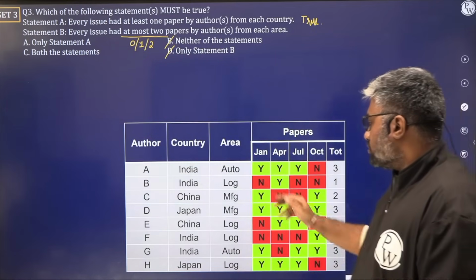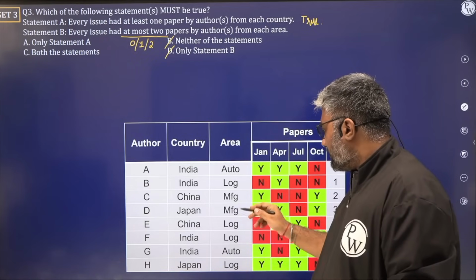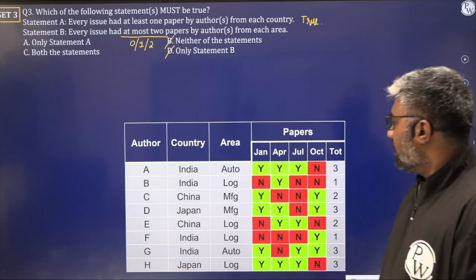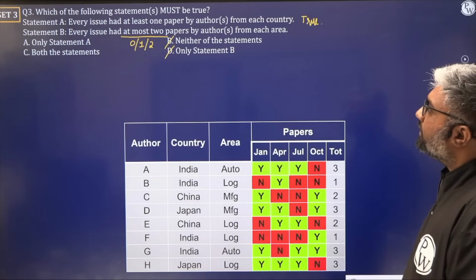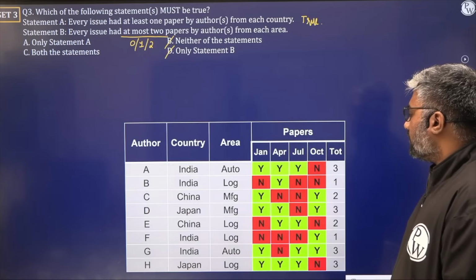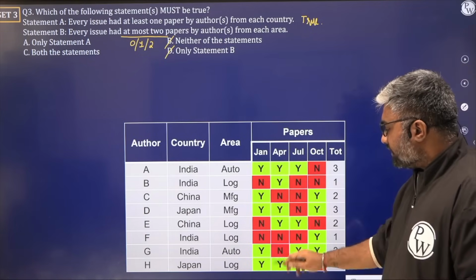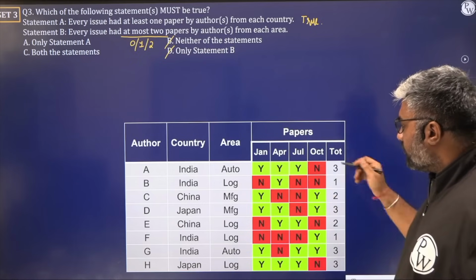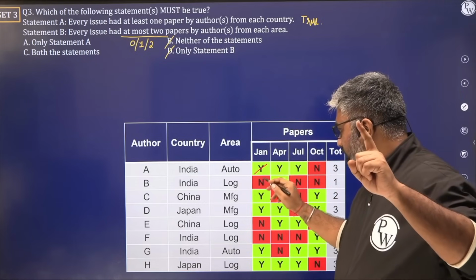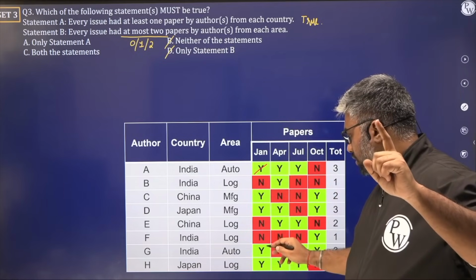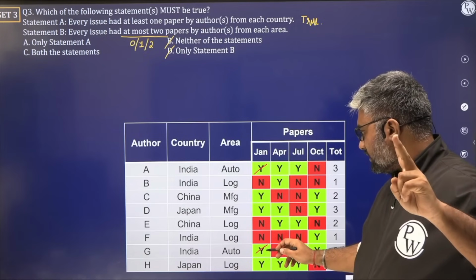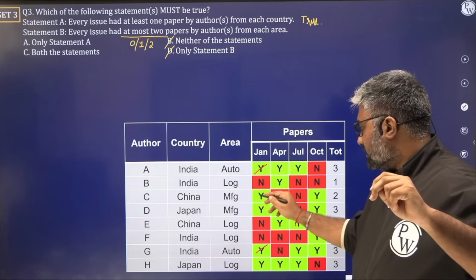So we have auto, we have manufacturing and we have logistics. In automation, you can go look at all the Y's in each of this. So in auto we have 1, in auto we have 2, so auto is safe here, right? In manufacturing we have 2.